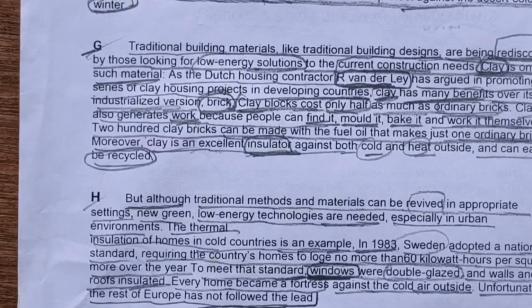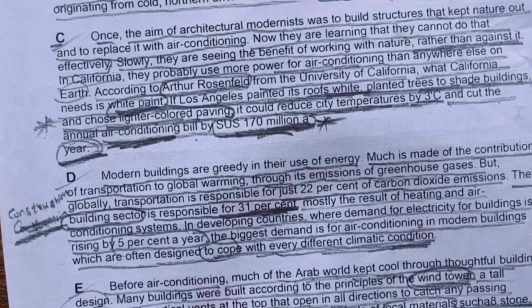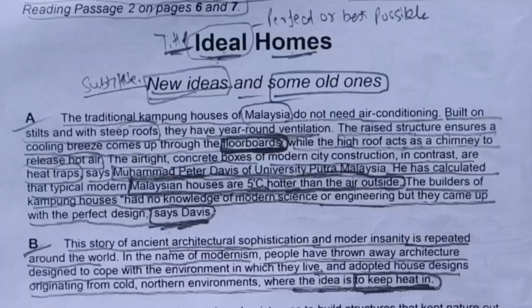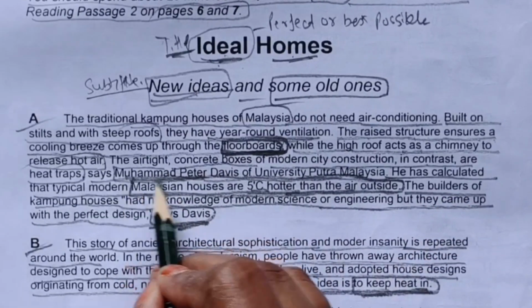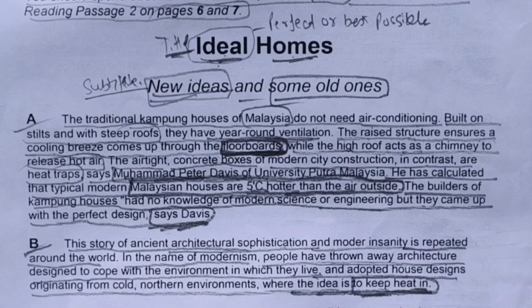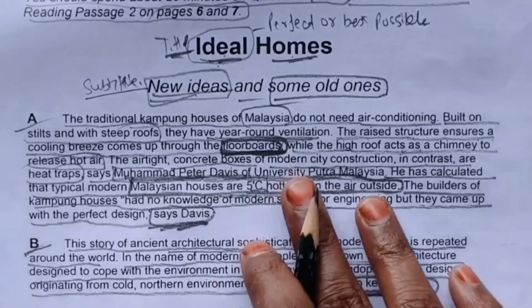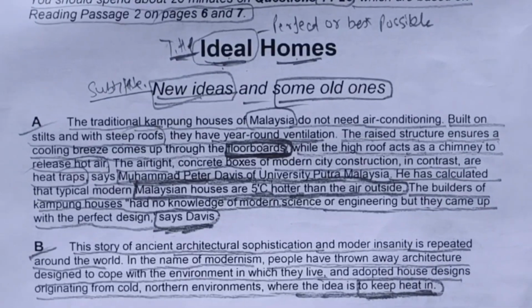So let's see. In the first paragraph only we have seen this Mohammed Peter Davis, okay, but we forgot to find our answer. Okay, so let's read this paragraph again to find our answer.